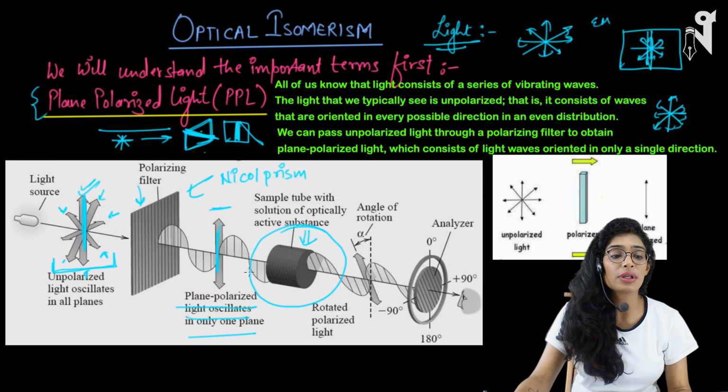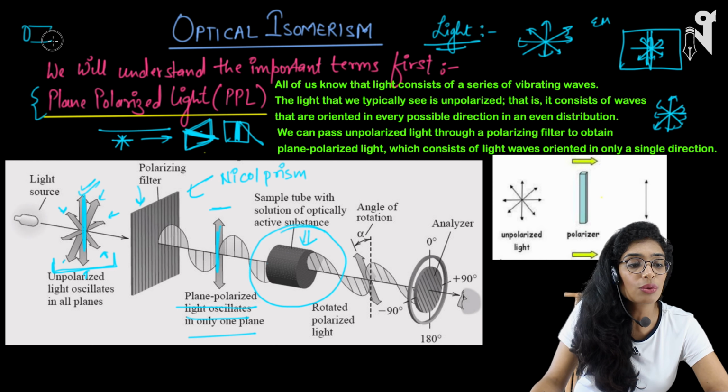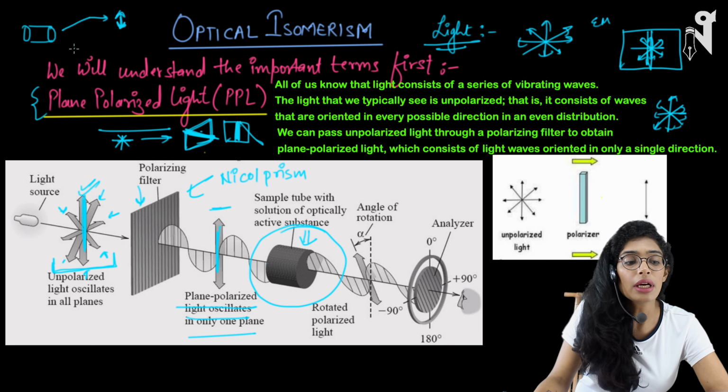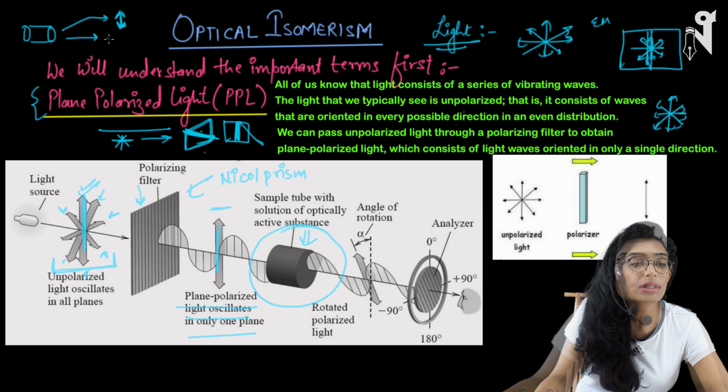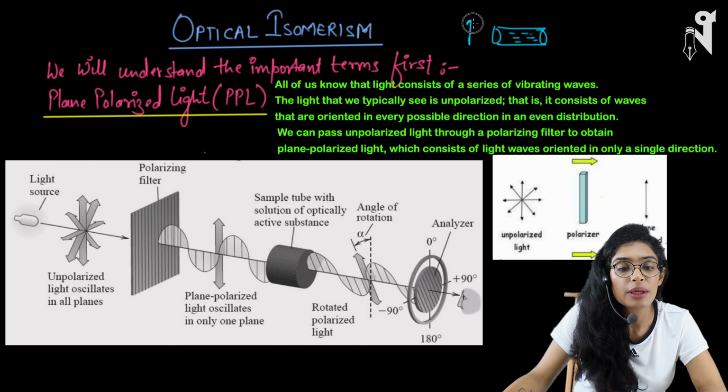There are three possibilities here. One possibility is the light passes through this tube going straight, with basically no change in direction. Let's say this is my tube, the chemical has been filled over here, and this is my plane polarized light.